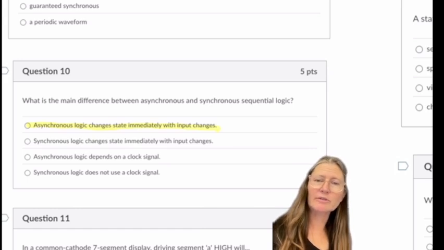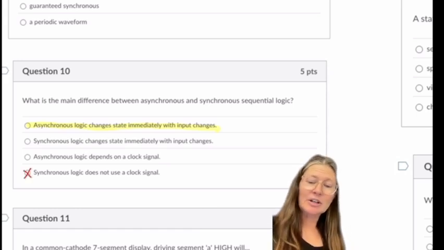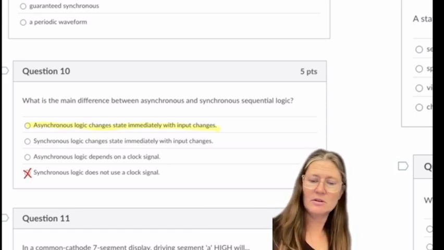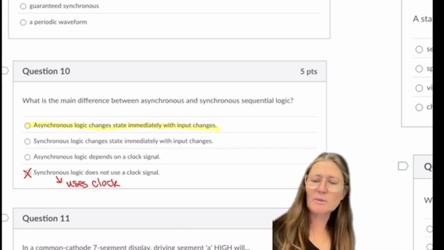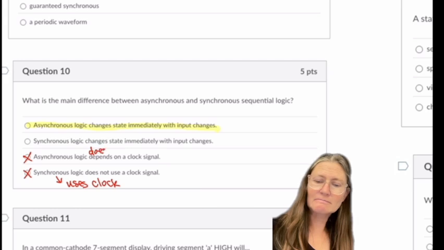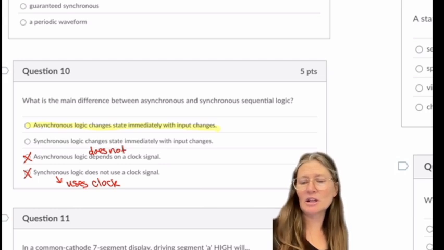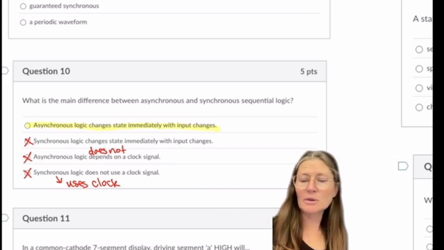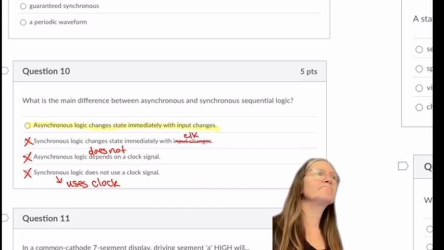Synchronous logic does not use a clock signal. That one's incorrect, right? Synchronous logic uses a clock signal. Asynchronous logic depends on a clock signal. So does not. Synchronous logic changes state immediately with input changes. Changes state immediately with clock. Okay.